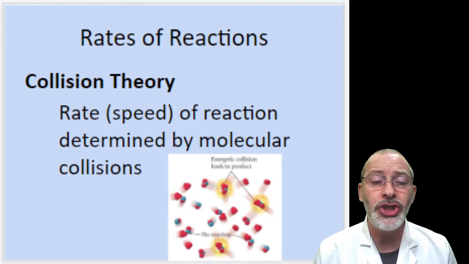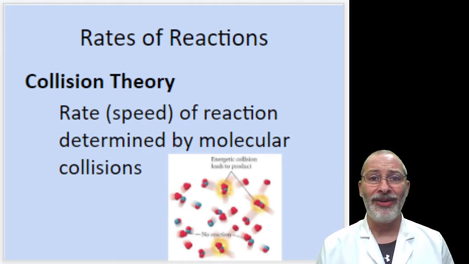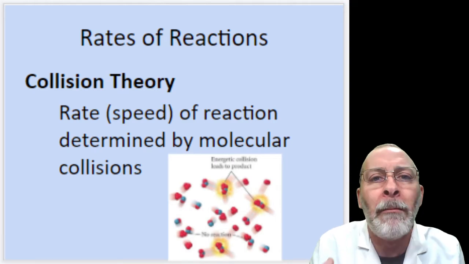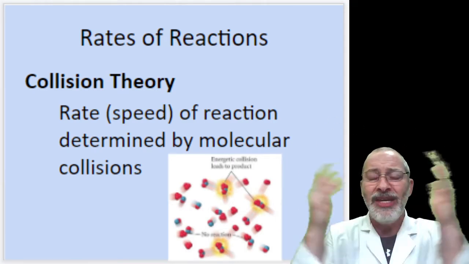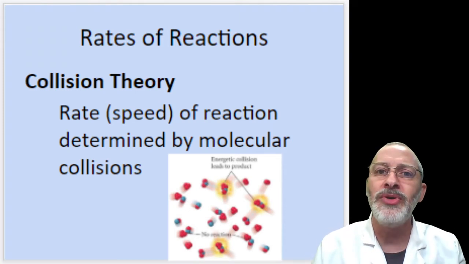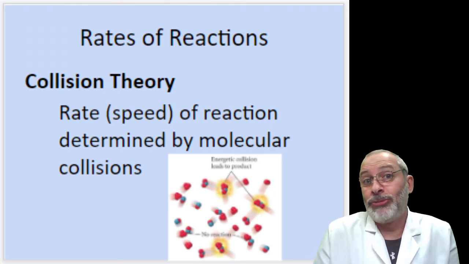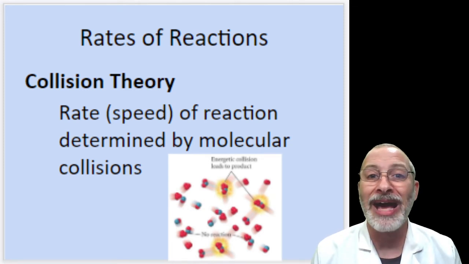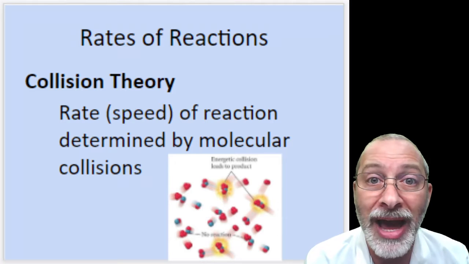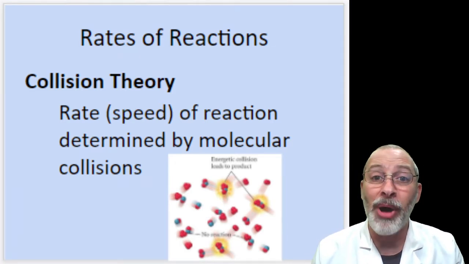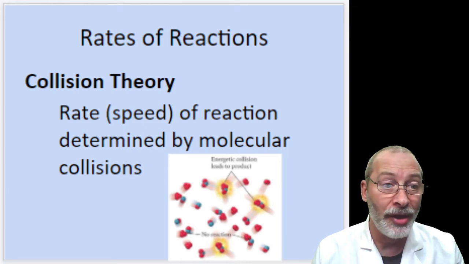That's what the collision theory is all about, that it is basically the kinetic energy of molecules bouncing into one another that allows, enables, and creates the conditions under which chemical reactions take place. It all has to do on a molecular level and things bumping into one another.